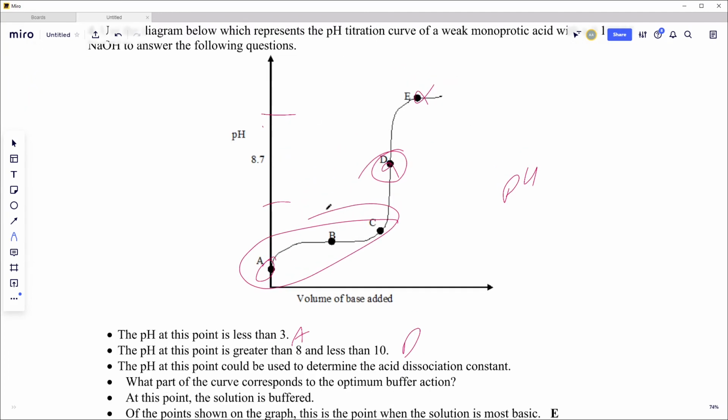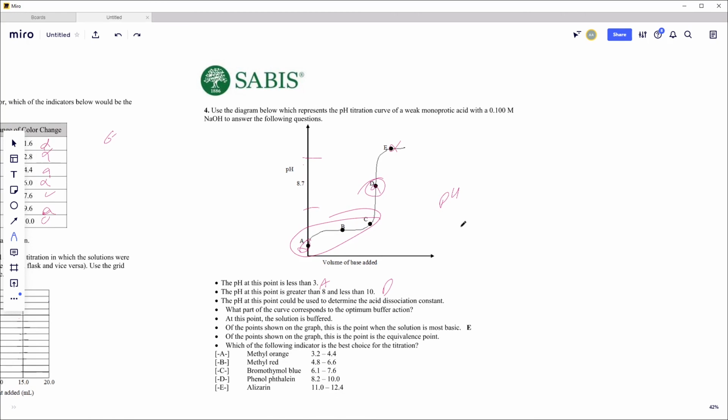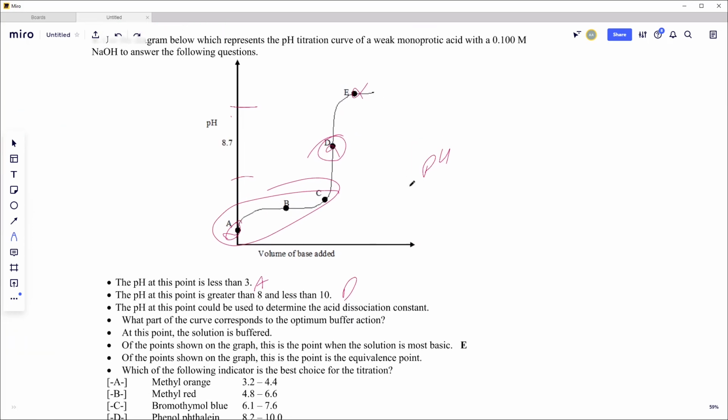So you have a buffer. It's not instantly like this. It has a bump, and then it goes like this. One of them is weak, and here we have a weak acid.